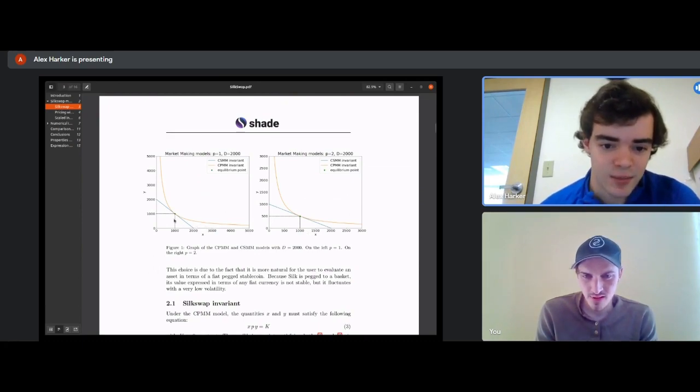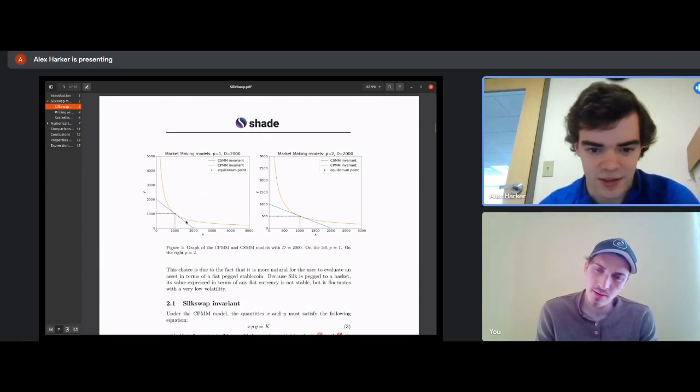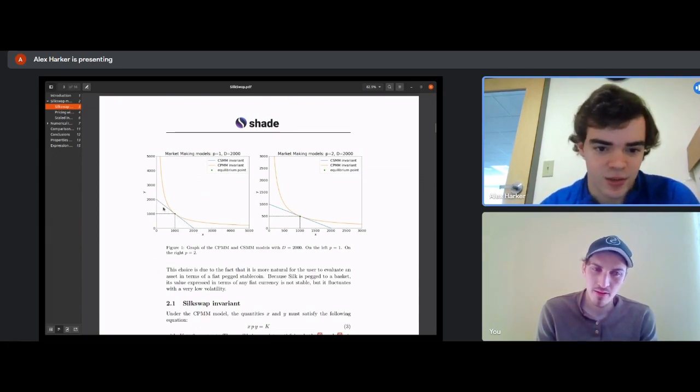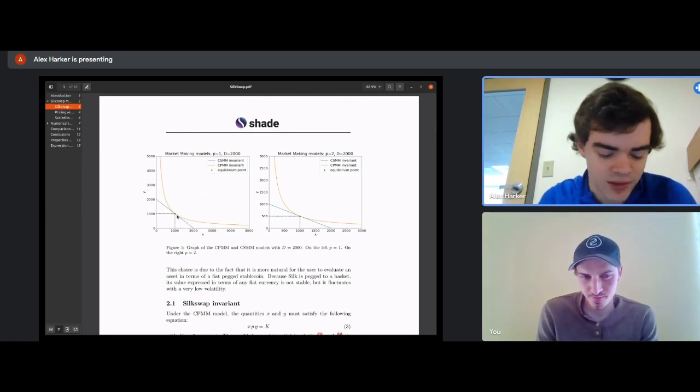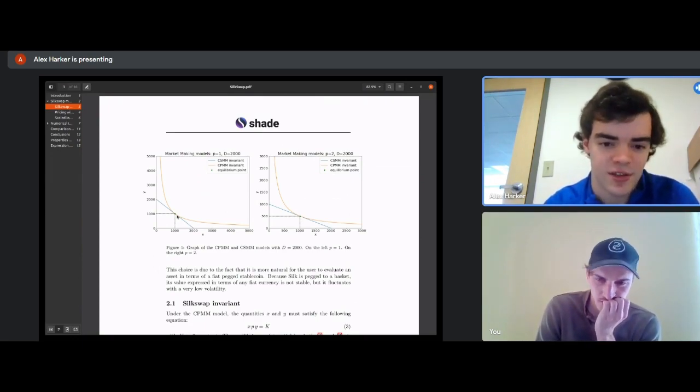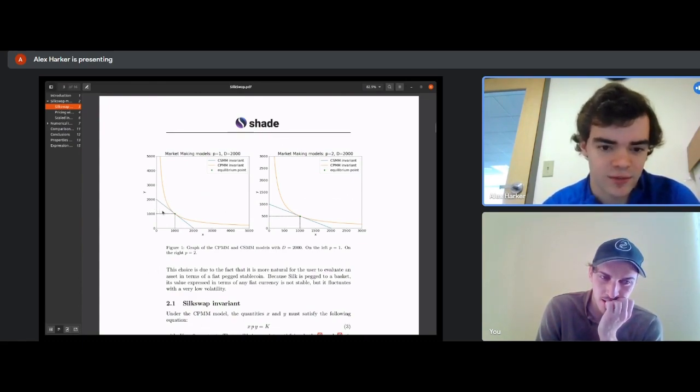A constant sum curve, which is not something that's actually practically used, as far as I'm aware, would look like this. And this is a curve that's saying there is no slippage, no price impact. You can just swap one token directly for the other at the defined price, no matter what the pool is. So the issue with a curve like this is that you could entirely swap out one token for the other and drain one of the pools.